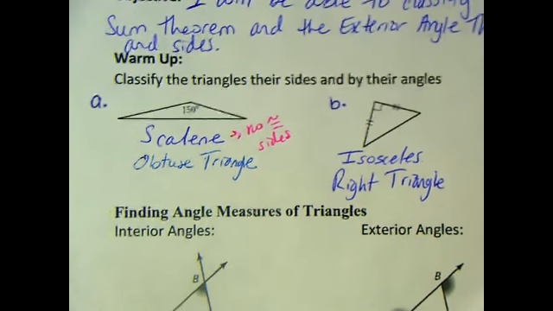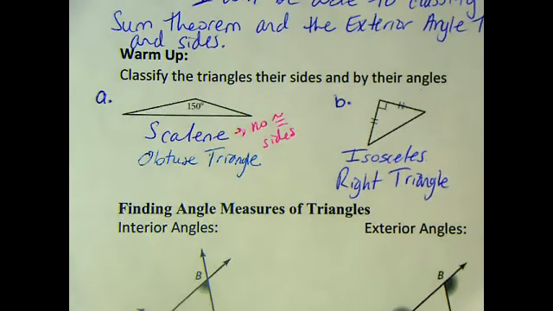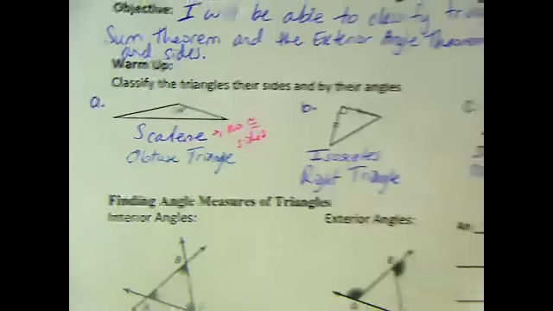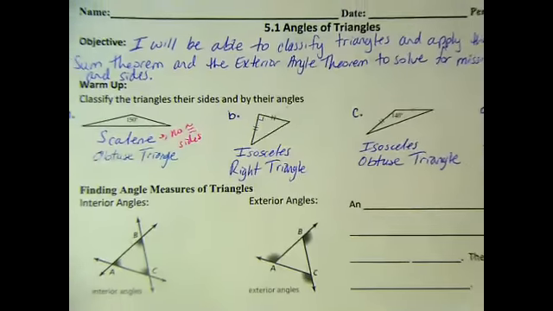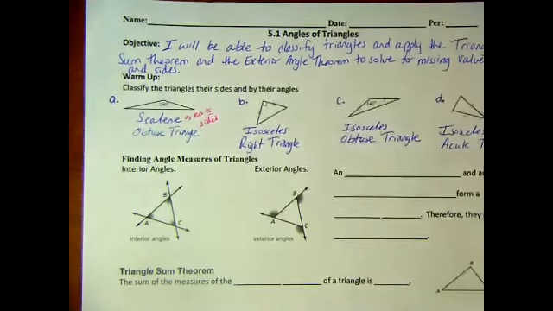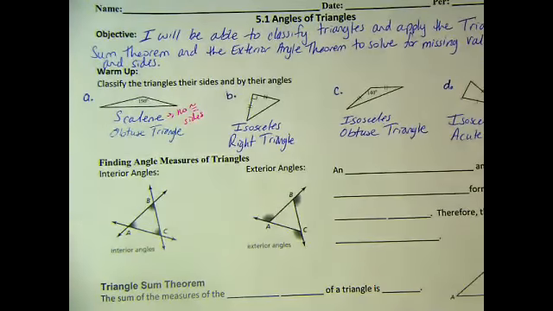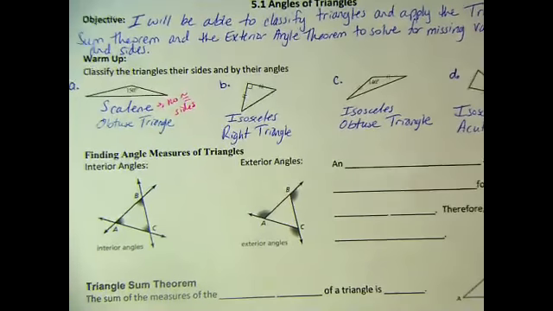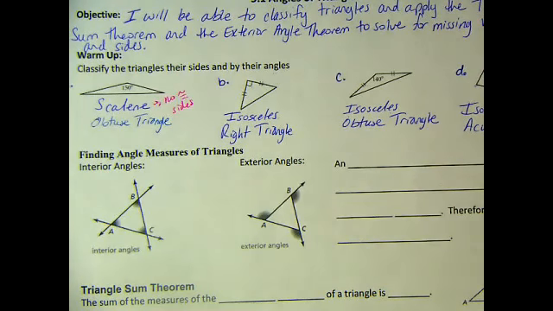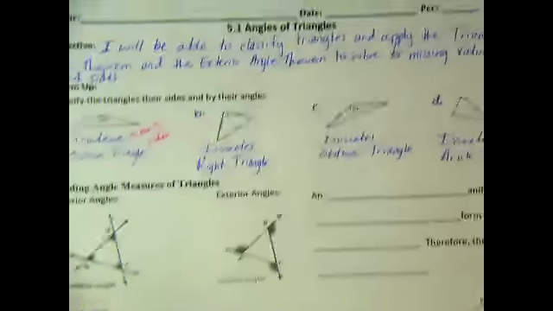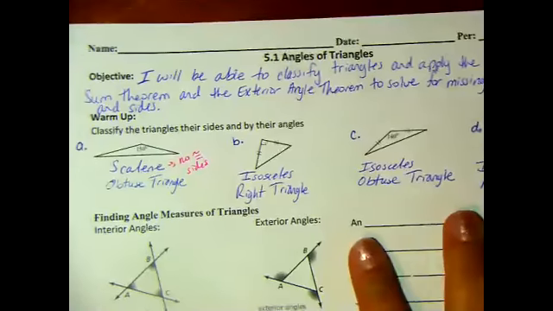Okay, so we got some more things to talk about here. Next, we want to identify specific angles in a triangle. Now, we have 2 theorems that we were going to talk about for this lesson.